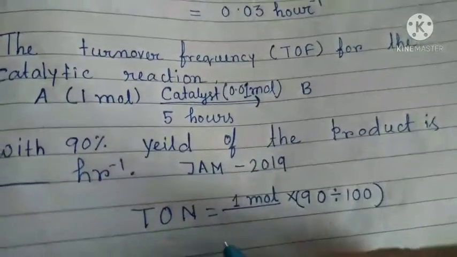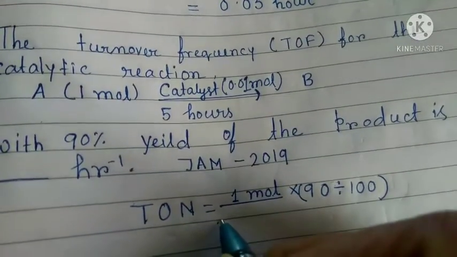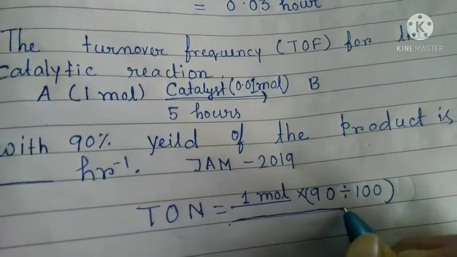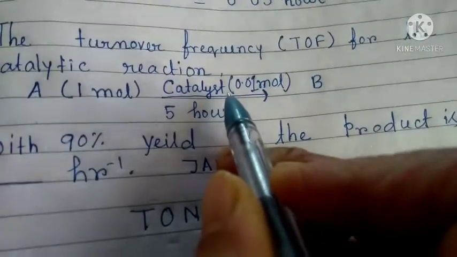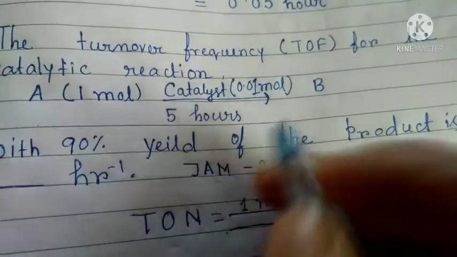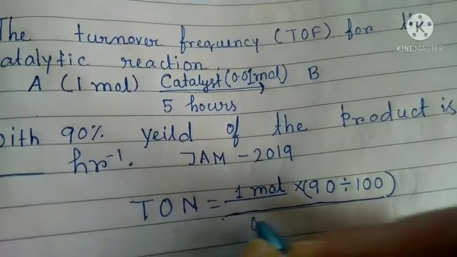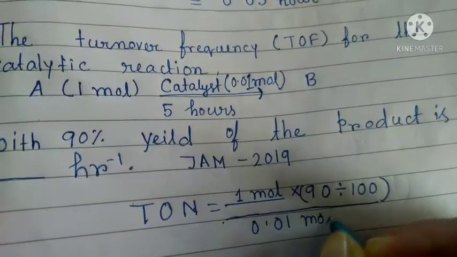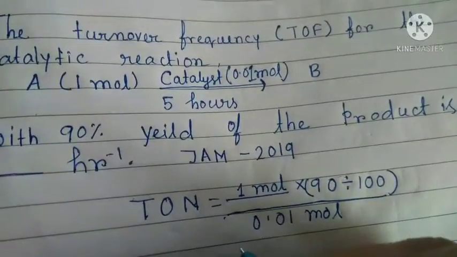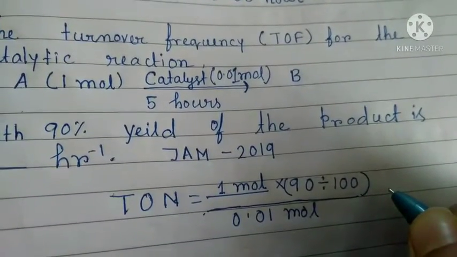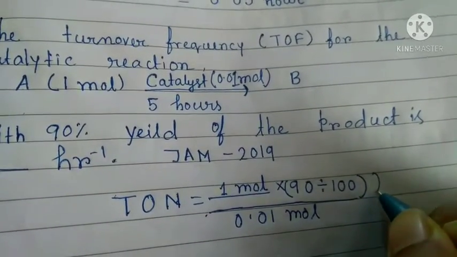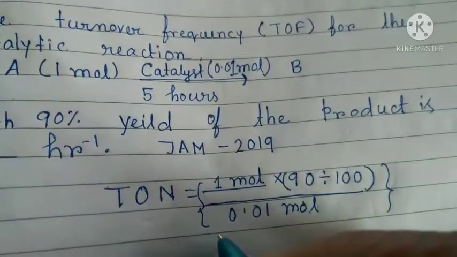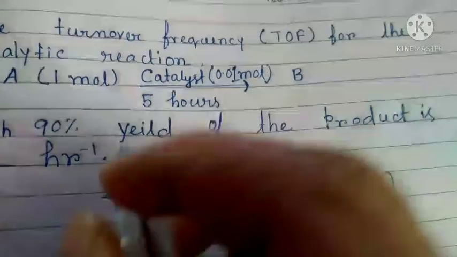And per unit amount of catalyst, we have to divide by the concentration of catalyst, that is 0.01 mole. Now if we want the turnover frequency, we have to divide it by the time.